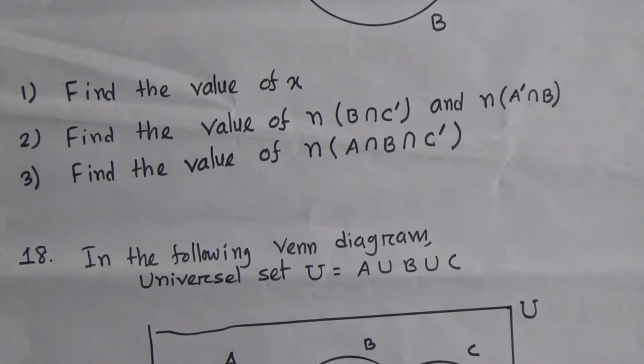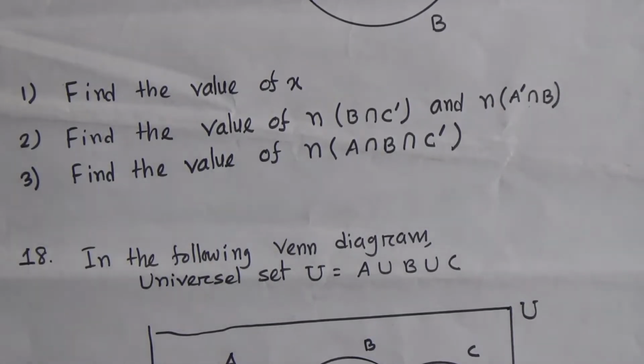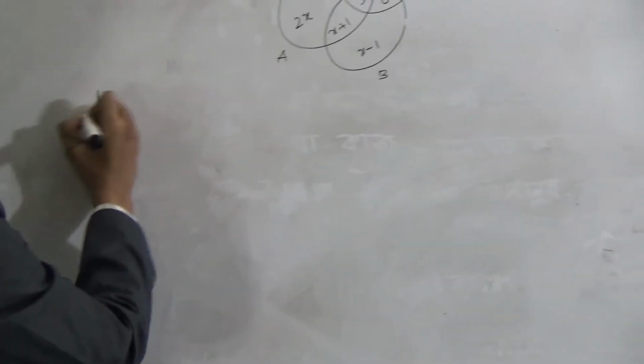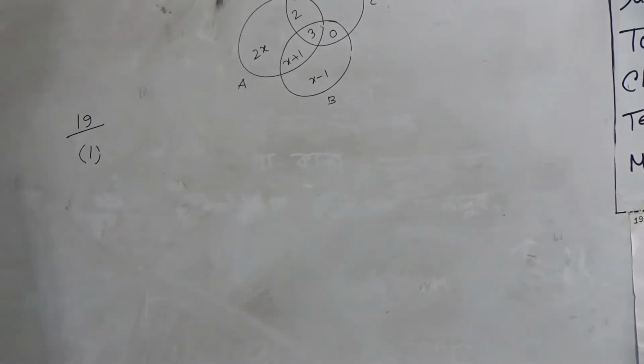So question 1, find the value of x. Student, at first I will solve question number 1. Look, question number 19 is the main question and question number 1 is your sub number.